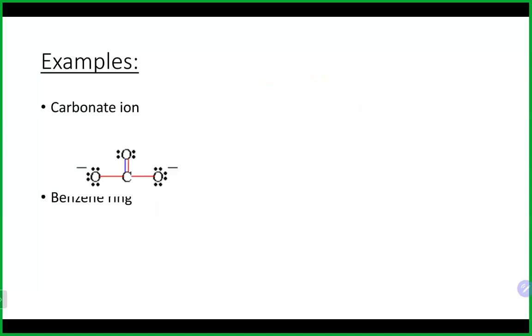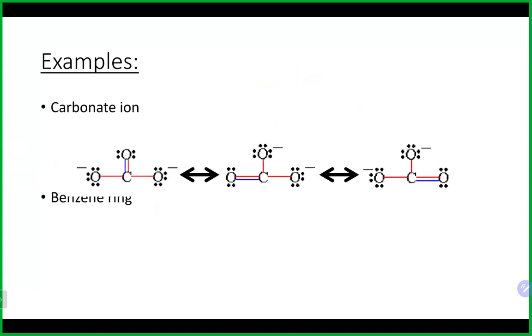Another example is carbonate, and carbonate looks just like nitrate. It has one double bond, but you can double bond into any of those three oxygens. The true structure is probably somewhere between all three of those, as those double bond electrons are moving around from one oxygen to the next at any given point in time.